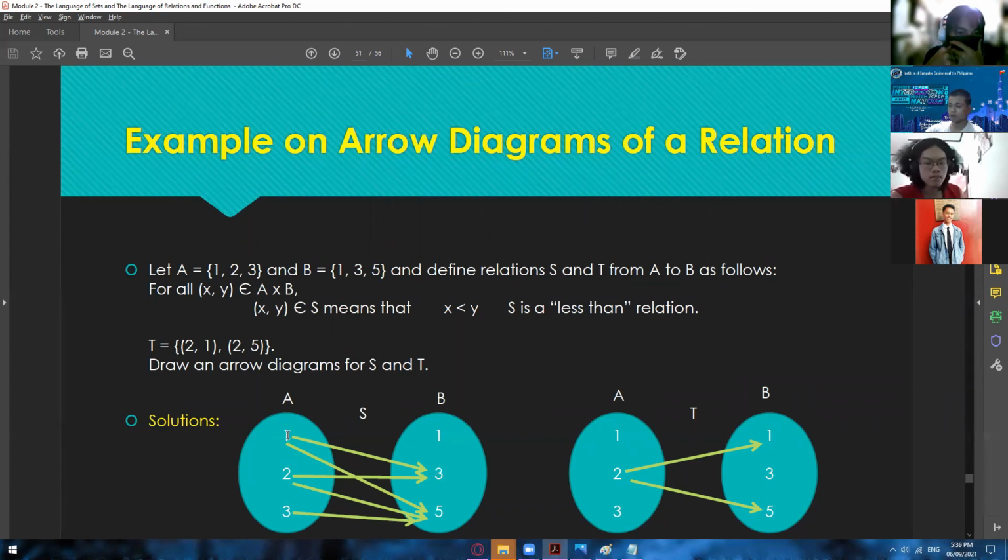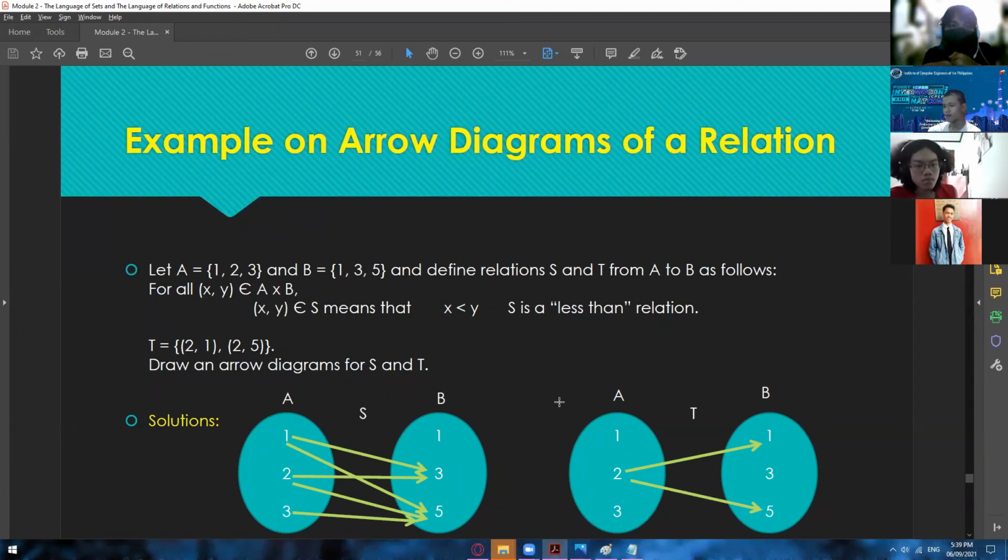The reason we don't have 1 going to 1 on the other side is because 1 is not less than 1. The same with 2 going to 1, since 2 is not less than 1. But the others, 1 is less than 3, 2 is less than 3, 1 is less than 5, 3 is less than 5. So are we clear now with set S or relation S? Yes, sir. Got it, sir.